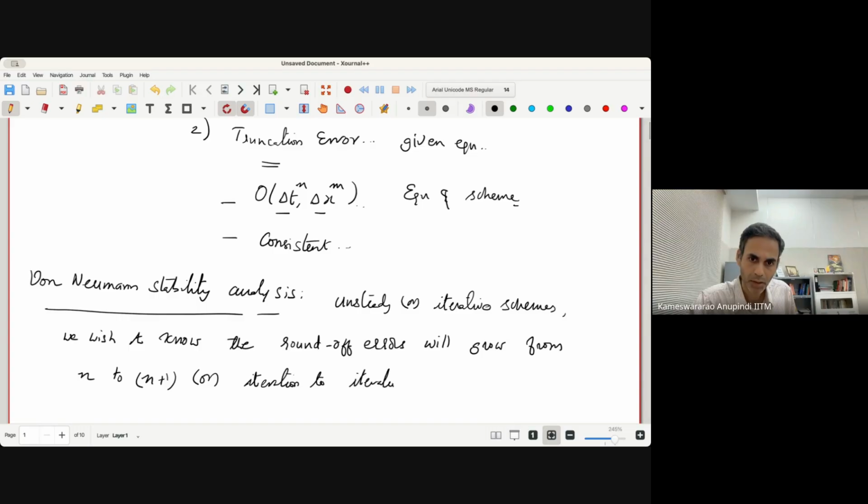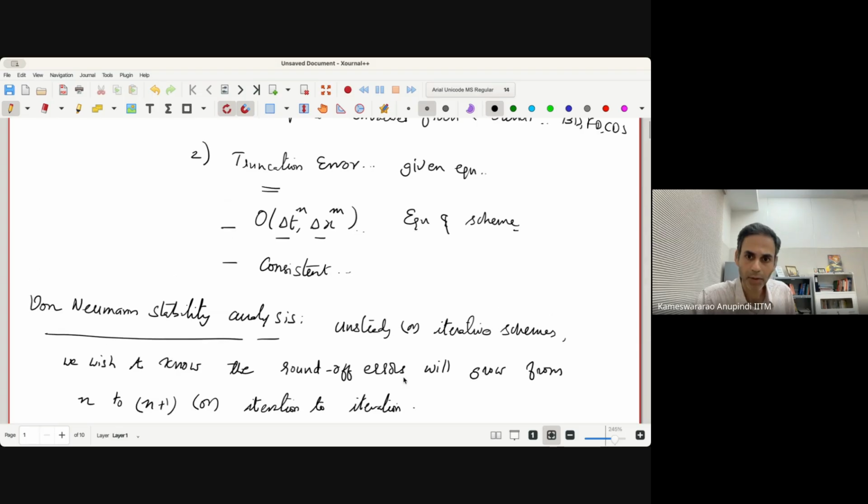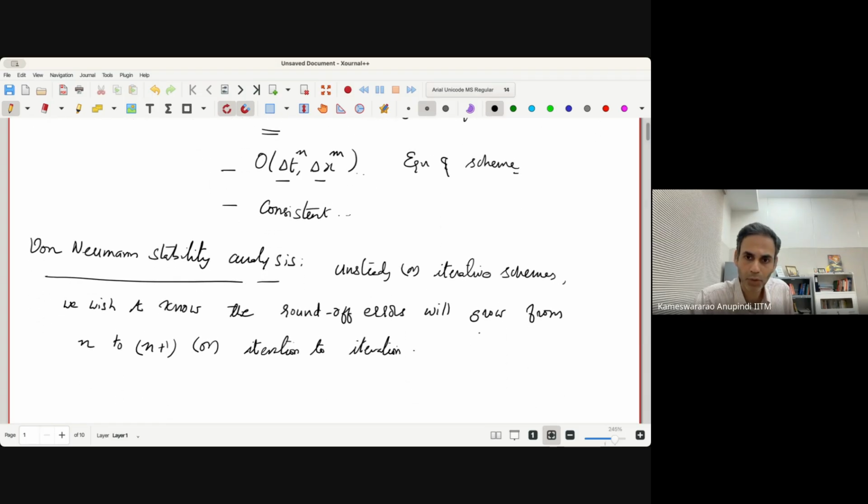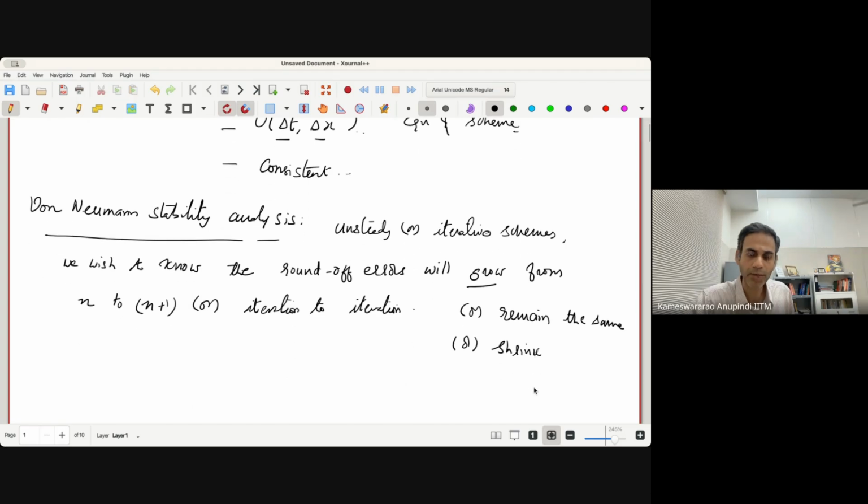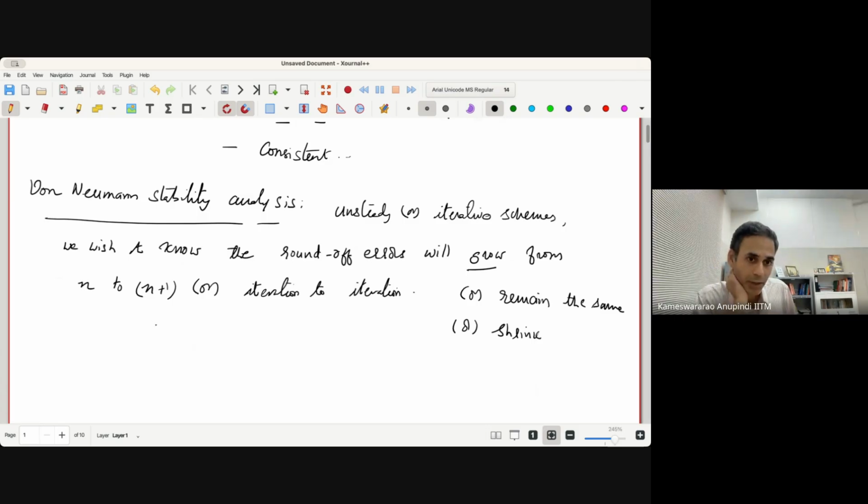We want to know whether they will grow, remain the same, or shrink. We certainly do not want these round-off errors to grow, because they're going to take over the solution, and then the solution will eventually not be useful, right?